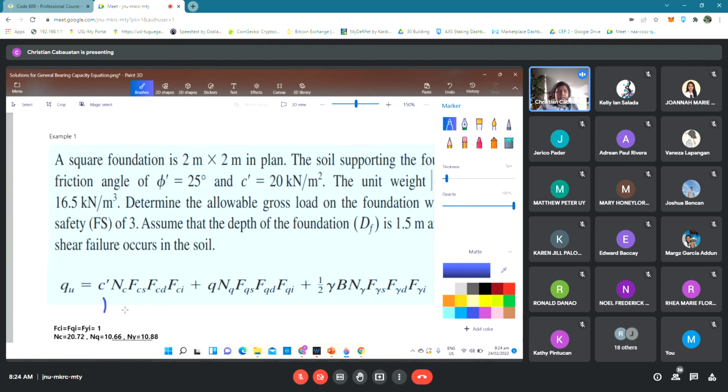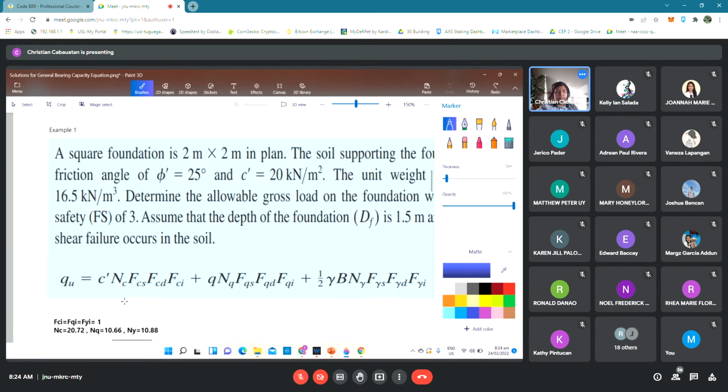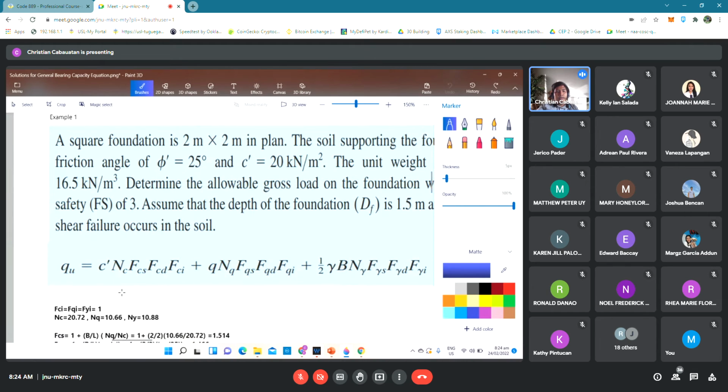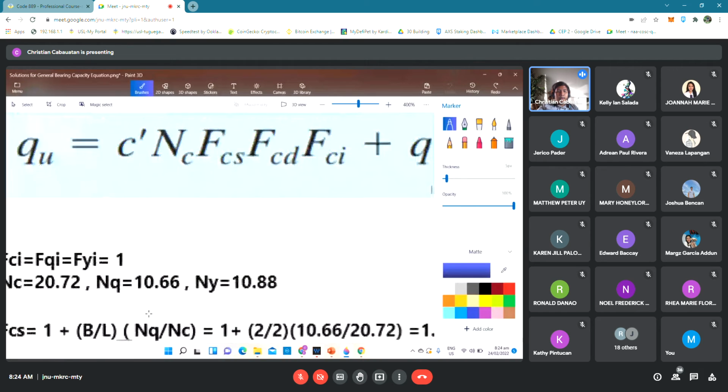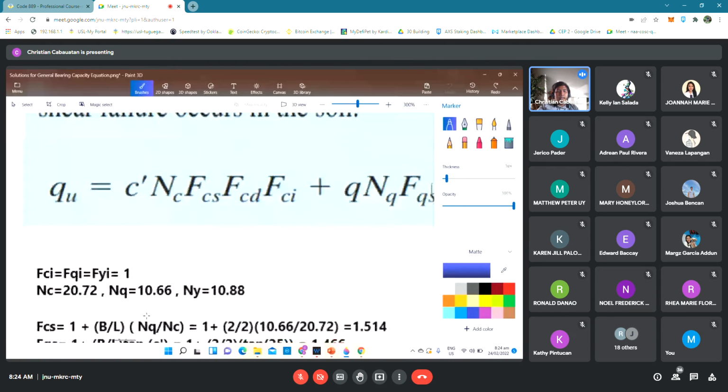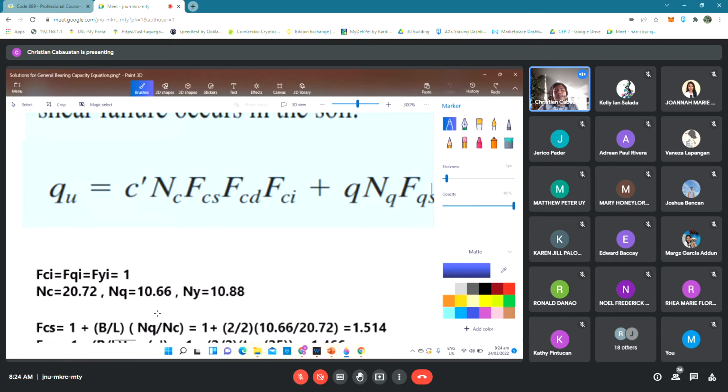So let's substitute. For FCS, the equation is 1 plus the width of the footing divided by the length of the footing times NC over NQ.